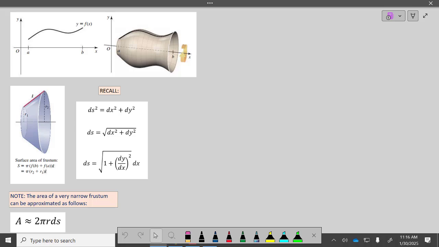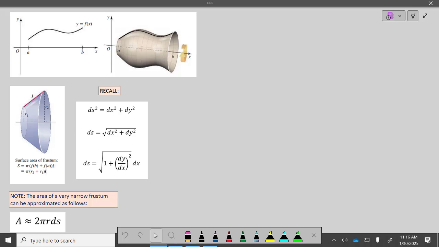And like you normally do when you're finding area or volume, you are looking at cross sections and you're trying to find the geometric object that cross section is. Is it a disk? Is it a washer? Is it a shell? Here, when we're doing surface area, if we take cross sections, what we imagine a very thin cross section being is an approximation that's using the base of a cone.